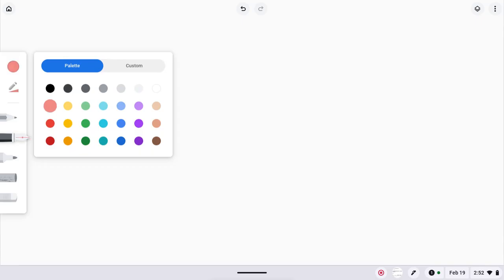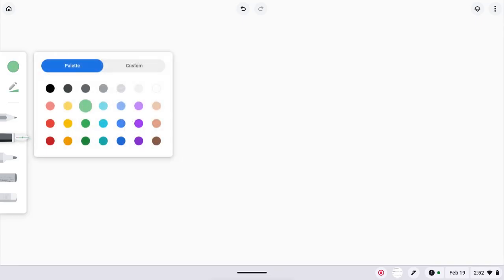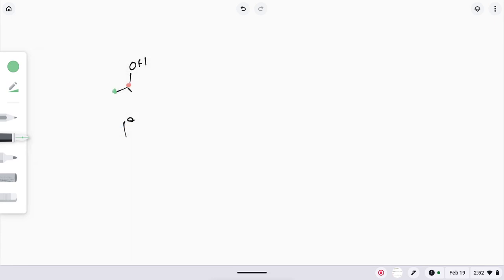But otherwise, if I have a hydroxyl group that's on the end of a chain, it's on the 1 carbon. This is called a primary alcohol because the carbon that my hydroxyl group is attached to has one other carbon attached. That's what makes it primary. It's 1 because there's one other carbon attached.